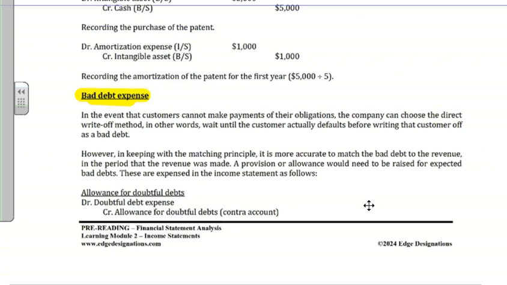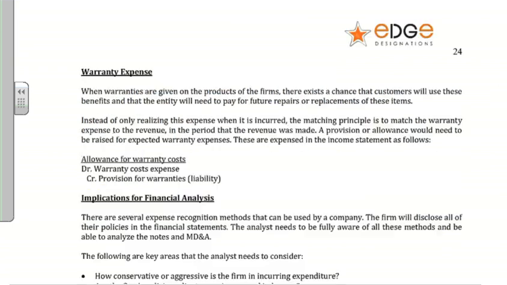They haven't been declared insolvent, but I just think I'm not going to receive that money. What we do is we make a provision or an allowance for doubtful debts. I debit the doubtful debt expense and I credit a provision, which is called a contra account. A contra account that goes off against my accounts receivable to reduce my accounts receivable because I believe I won't receive that particular money.